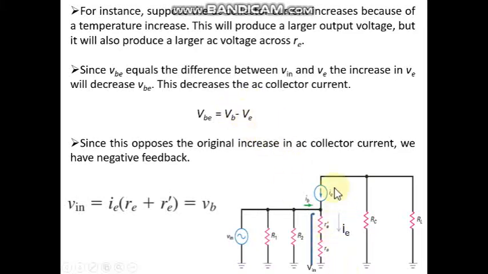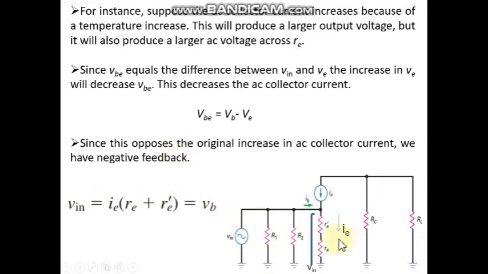Because this current IC increases, the voltage drop across this increases. So your VE increases, so VBE will decrease. And this decrease in VBE opposes the original increase in AC collector current by providing the negative feedback.